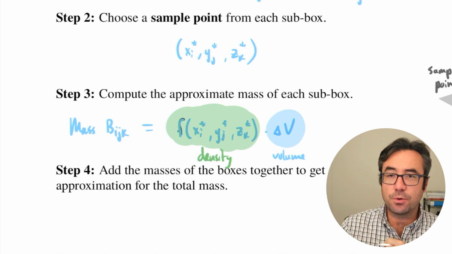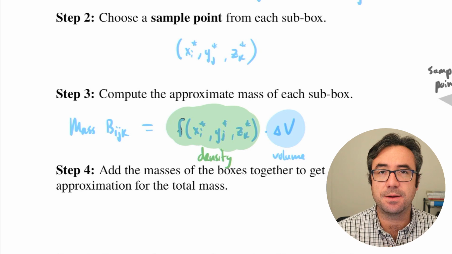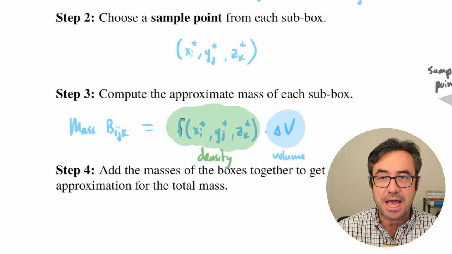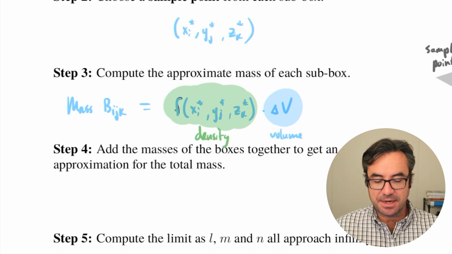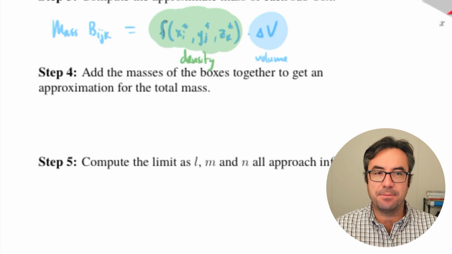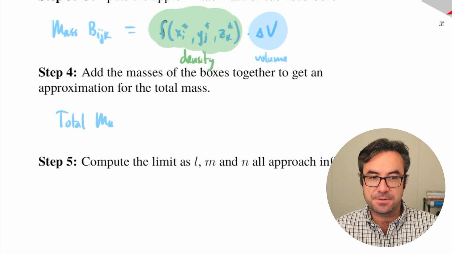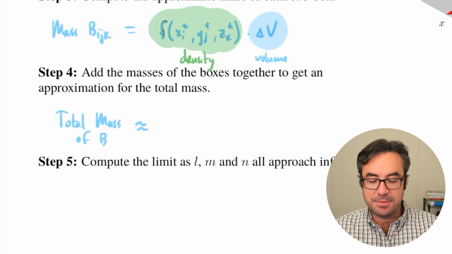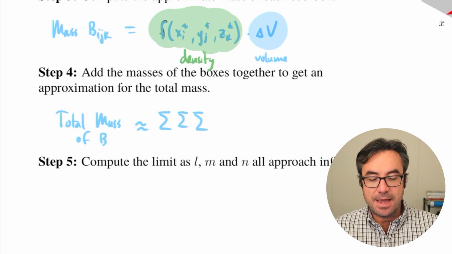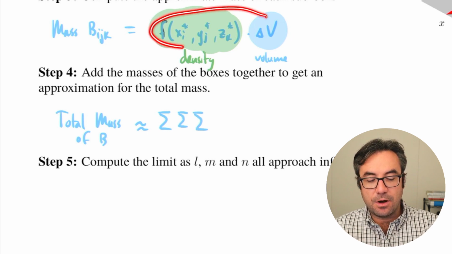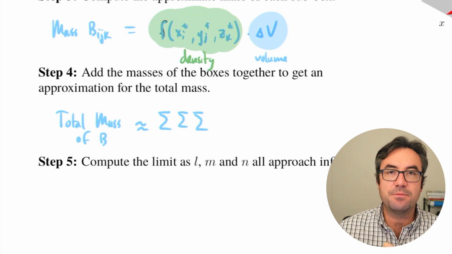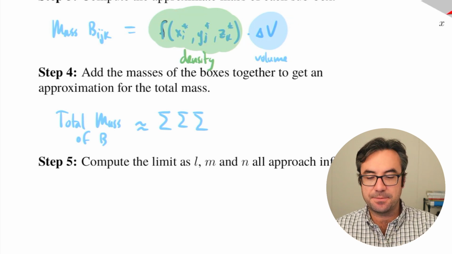And now to get the total mass for all the little subboxes, we just add them all up. And this is going to give us a triple Riemann sum. So the total mass for our object B is approximately, and now we're doing a triple Riemann sum, and we're just adding up all of these little mass calculations that we did.